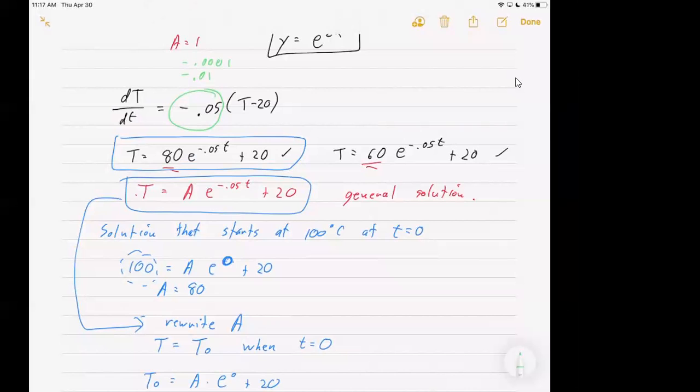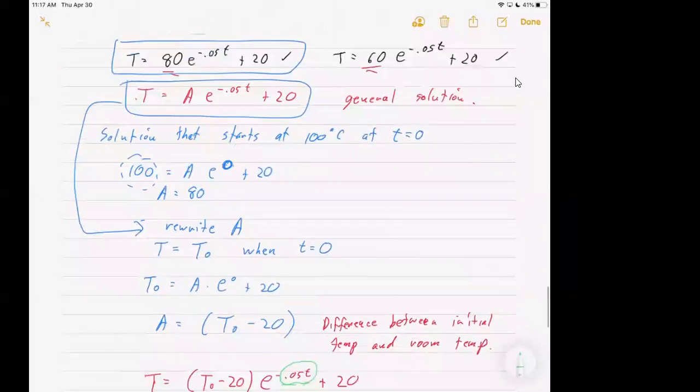And you could keep things cool, or I'm sorry, keep things warm for a long time if you could bring that number down by using lots of insulation. So the solutions we're looking at all assume a 5% temperature loss at any given time. But we could generalize this to a negative r instead of giving a specific value.